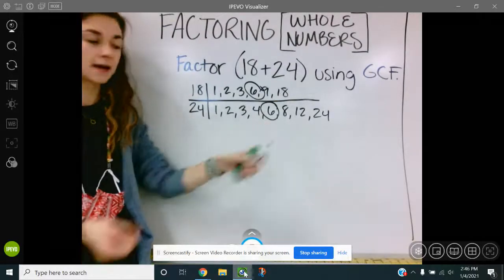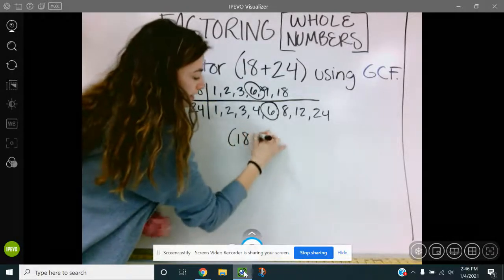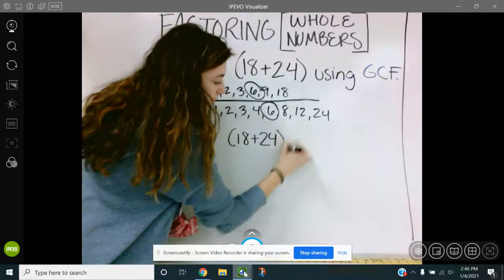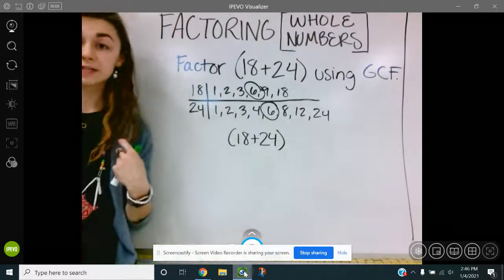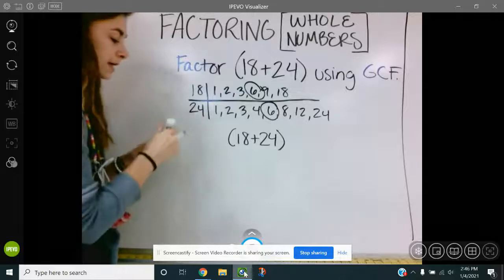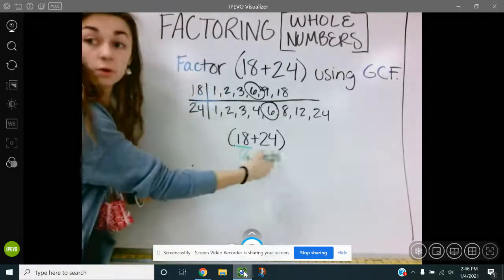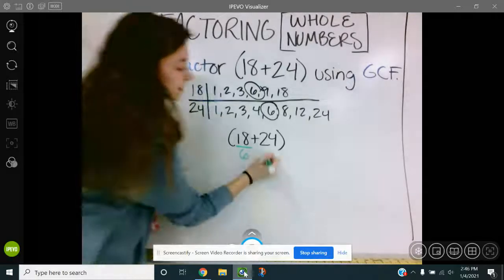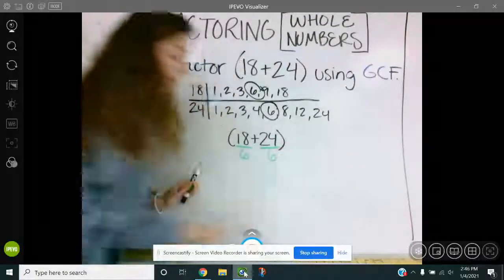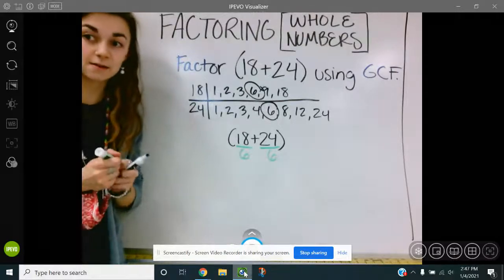6 is my GCF. So that means I'm taking my expression, 18 plus 24, and I need to pull the 6 out of both of those numbers. That's what factoring is. So what I'm going to do is divide both of these terms in my parentheses by that greatest common factor, 6.